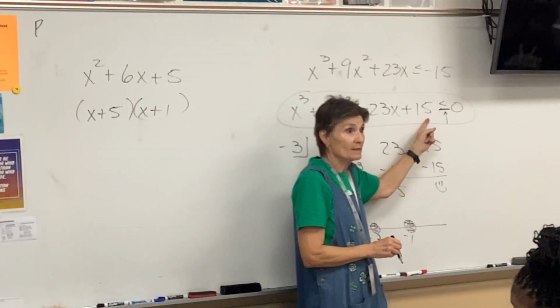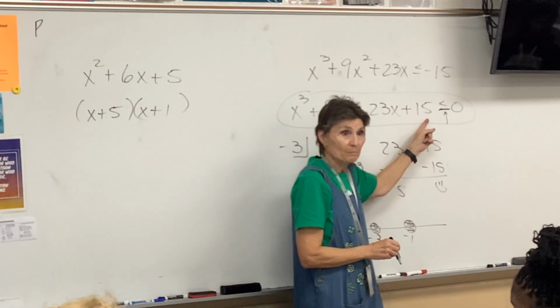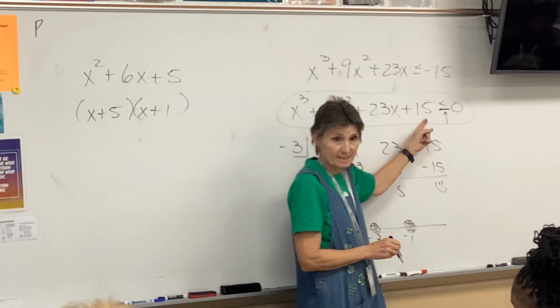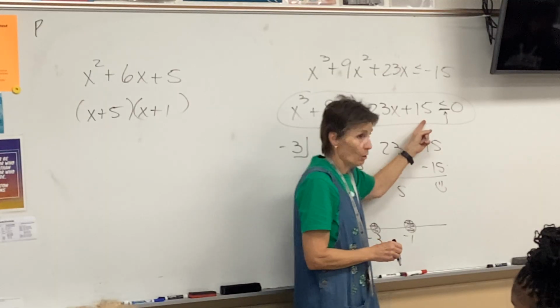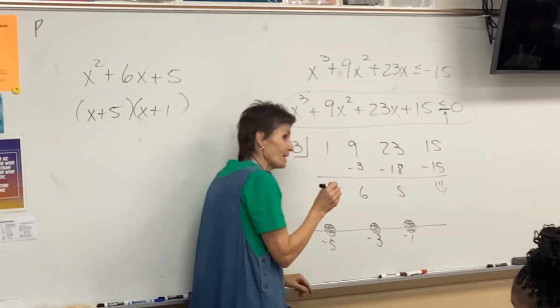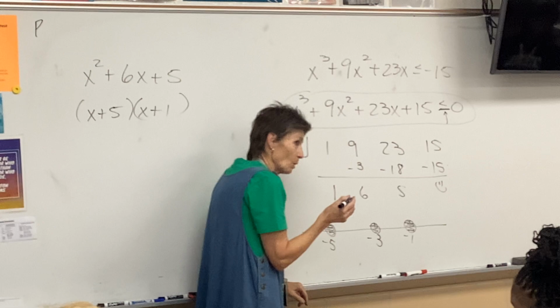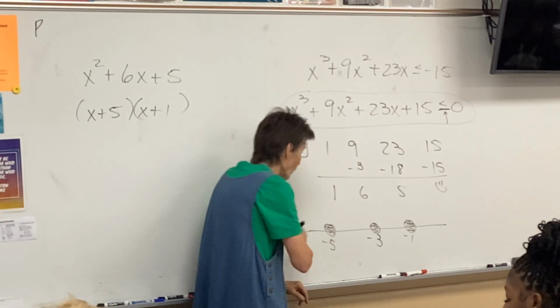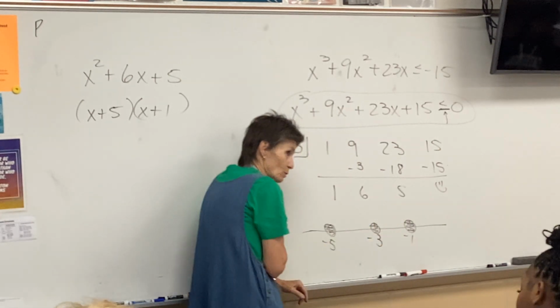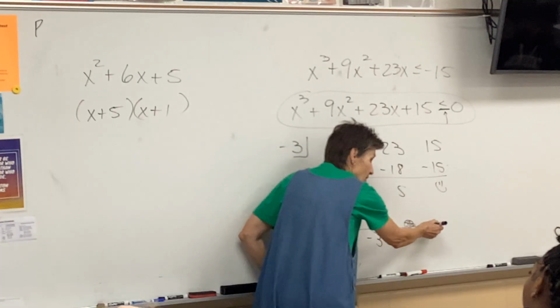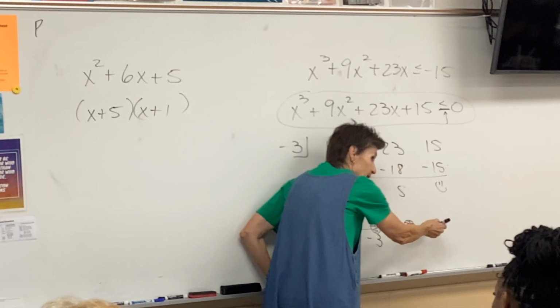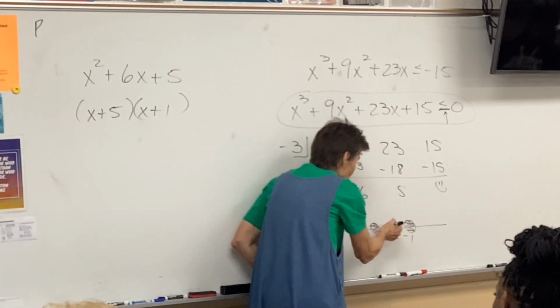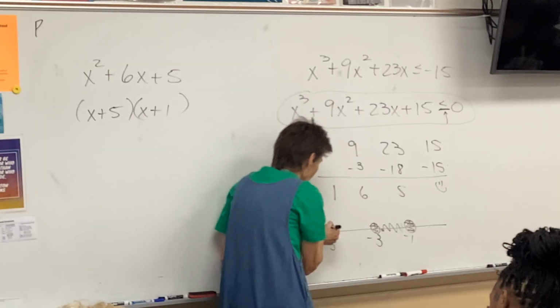All that's left is 15. Is 15 less than 0? No. So I will not shade where the number 0 is. Well, where on the number line is the number 0? Right out here. So I don't shade that. It didn't work, which means I will shade this one, won't, will.